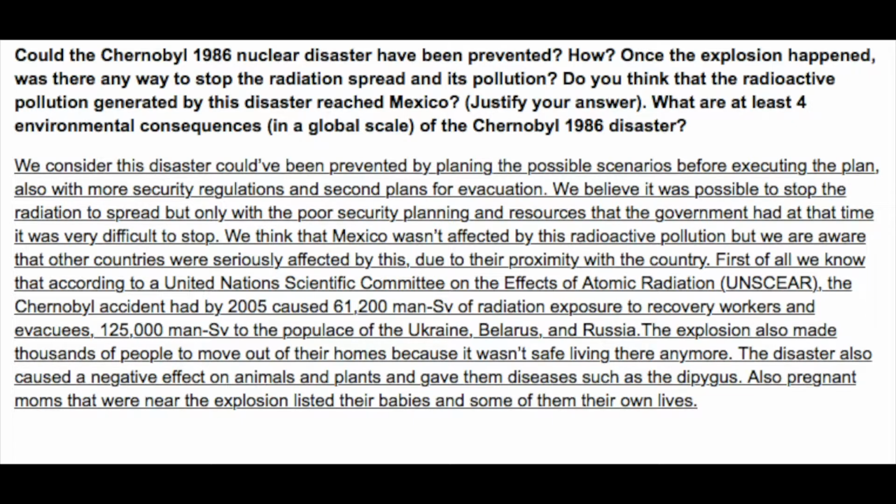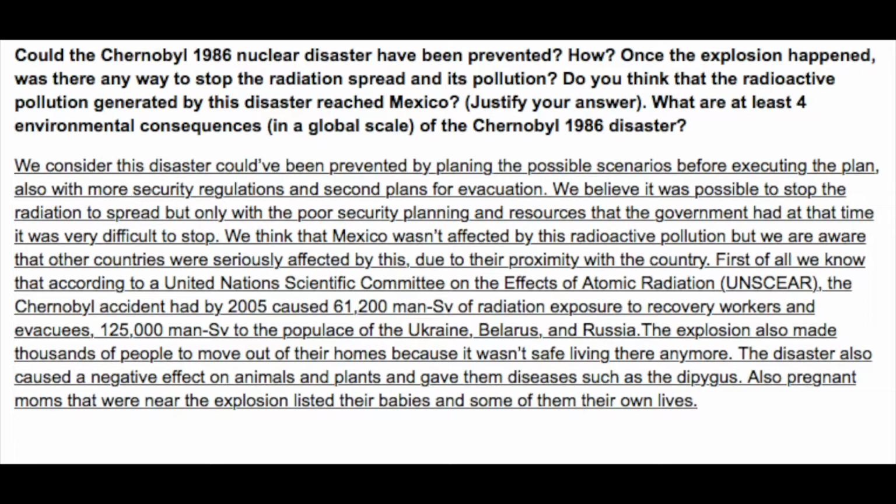It was very difficult to stop. We think that Mexico wasn't affected by this radioactive pollution, but we are aware that other countries were seriously affected by this due to their proximity to the country.